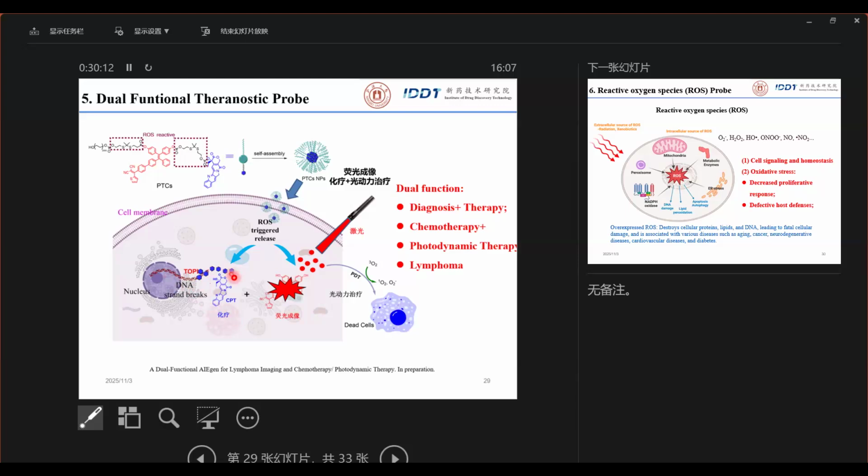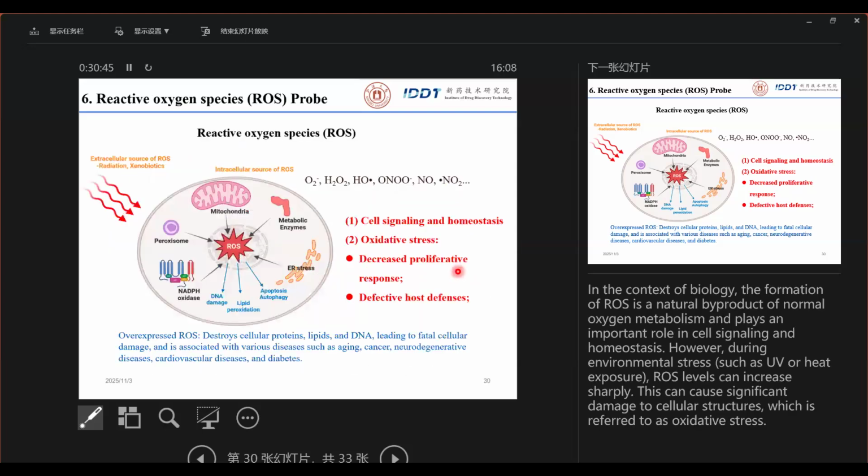This is for chemotherapy, and this fluorophore can also be used for photodynamic therapy, meaning it can produce a larger amount of highly reactive oxygen species. So we can combine diagnostic imaging with cancer therapy, chemotherapy and PDT, or photodynamic therapy, especially for these lymphoma cancers.